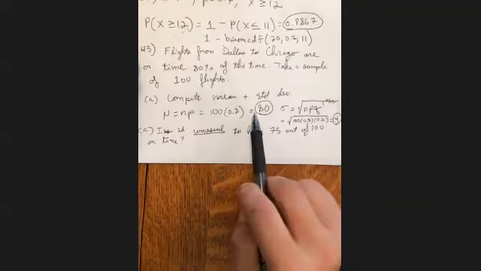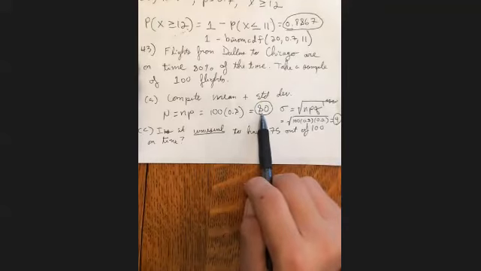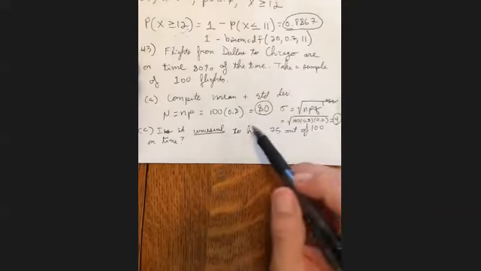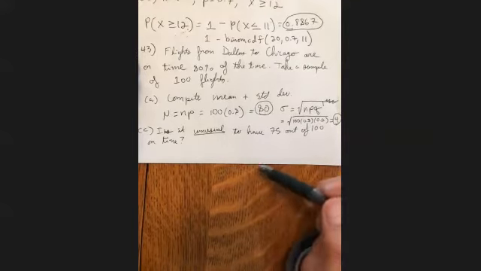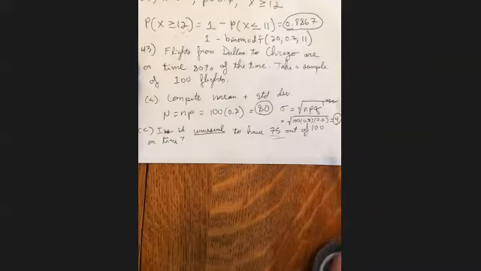So with a mean of 80 and a standard deviation of 4, 2 standard deviations down from 80 would be 72. And 2 standard deviations up would be 88. So as long as the value falls between 72 and 88, it's not unusual. And 75 falls within that range. So it's not unusual.